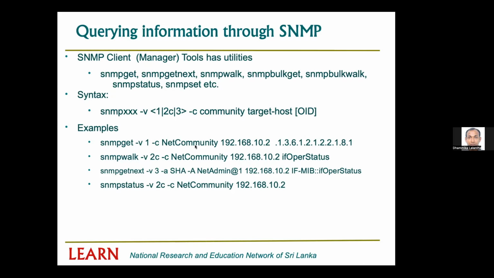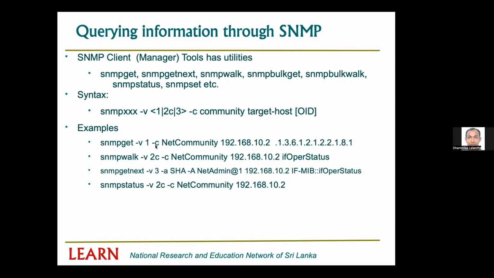So these are examples. I have shown here several variations of commands. In the first command, I set snmpget with version 1, which is the very oldest version. It still works.